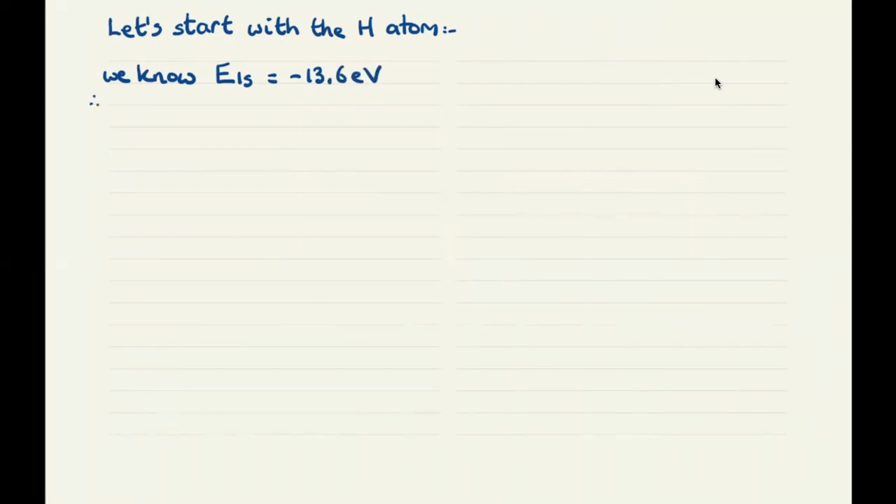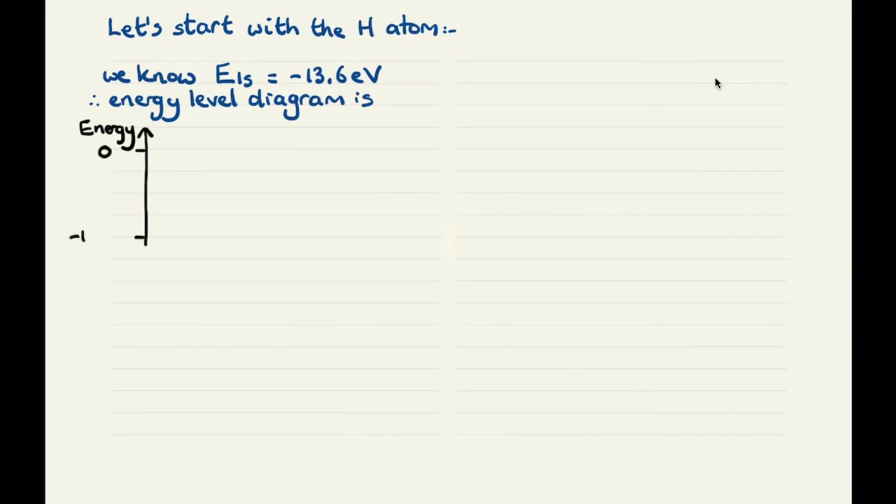So if we want to draw an energy level diagram for a hydrogen atom, it looks like this. Here's the energy. There's no K, there's no bands, there's just energy levels. Let's make the zero of energy up here. And at minus 13.6 electron volts, we have an energy level, which is the energy of the 1s orbital.